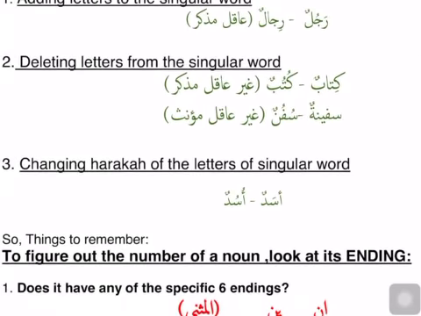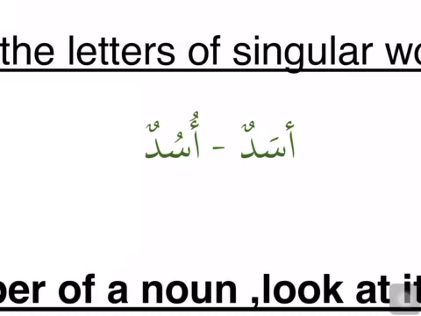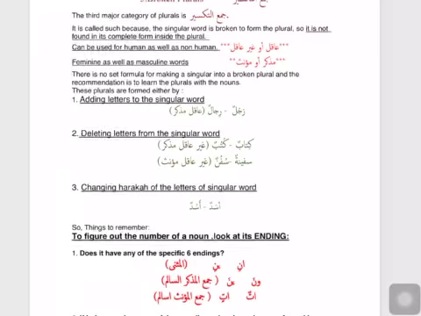Another way jama taksir can be formed is not by adding a letter or deleting a letter, rather just by changing the harakat. For instance, the mufrad is asadun and its jama taksir is usudun. So no letter was added or deleted, only the harakat were changed.